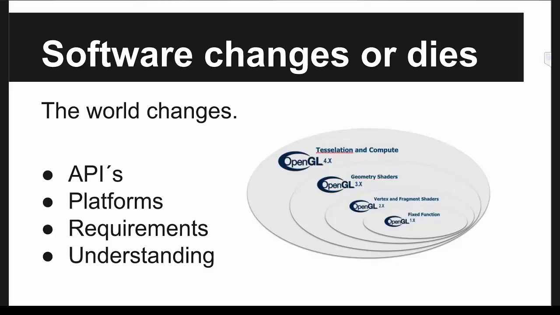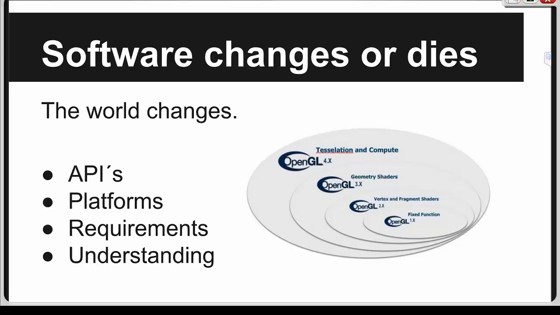So we have APIs, for instance. Before I was a game developer, and OpenGL was a big deal. When I started out as a game developer, we had OpenGL 1.x, 1.1, 1.2, whatever.